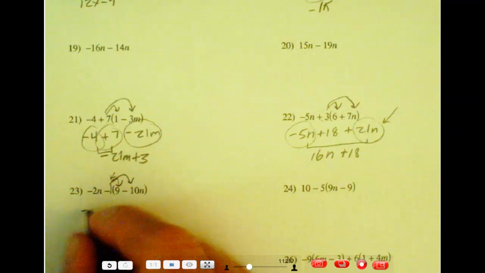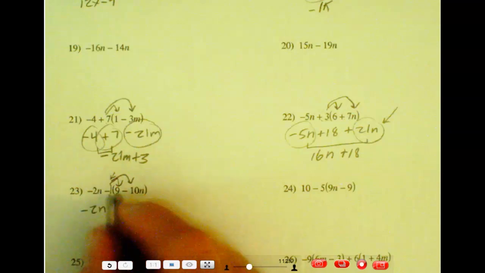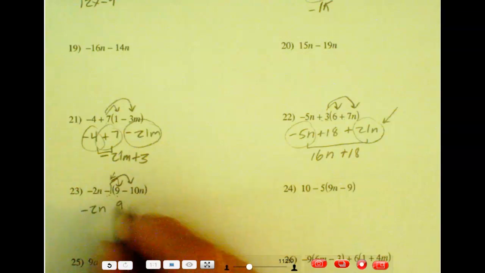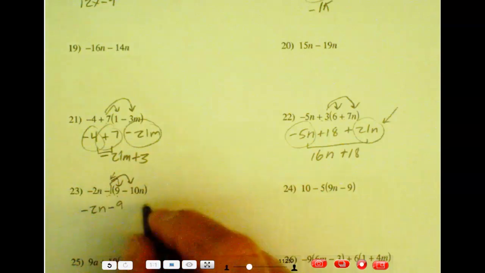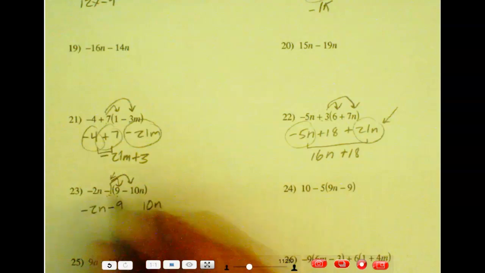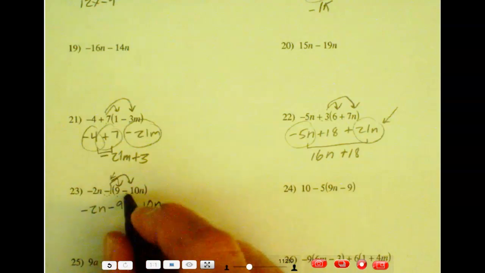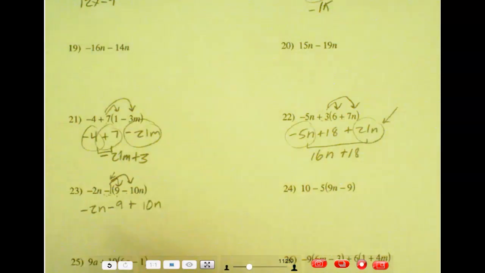It's a minus 2n. Now I've got 1 times 9, which is 9. It's a negative times a positive, so that's going to be a negative. Now I've got 1 times 10n, well that's 10n, and that's a negative times a negative, so that's going to be a positive 10n.